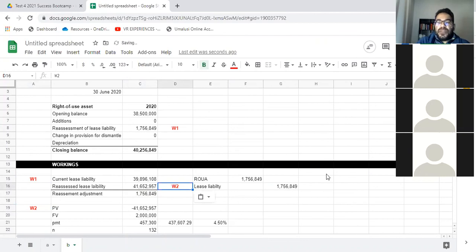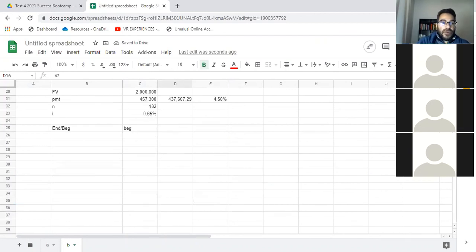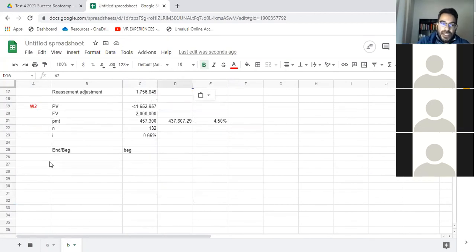Now we must do depreciation. So remember what they're testing over here with depreciation, indirectly without you even knowing, is a change in estimate. The carrying amount of the right of use asset changed. So as a result, we're going to have to rework out depreciation.